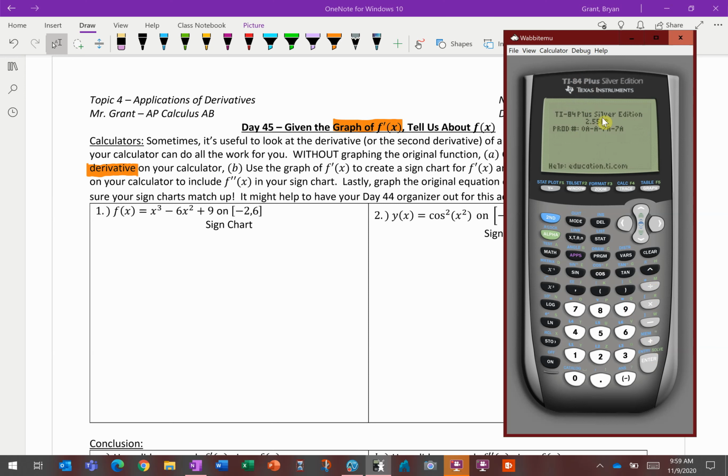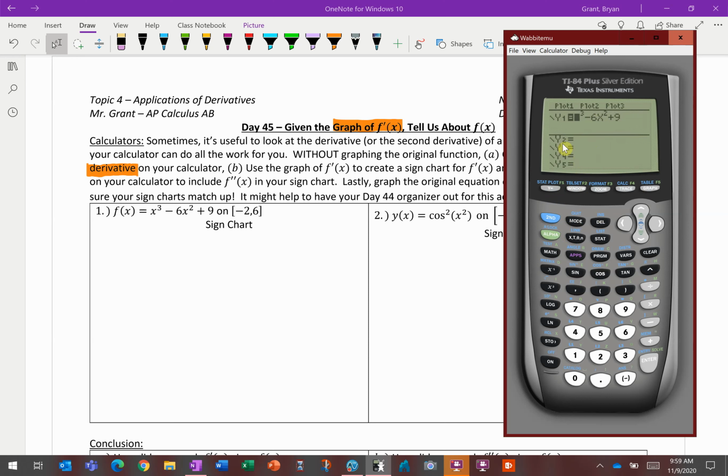If you have the new ones, the CEs, the cool color ones, your operating system's different. But if yours doesn't say 2.55, then you have an old operating system and you should go to your teacher so that they can update it for you. It's really useful to have this extra MathPrint where you can do alpha, y equals, and do fractions, all that fun stuff. So make sure that you do have that updated operating system.